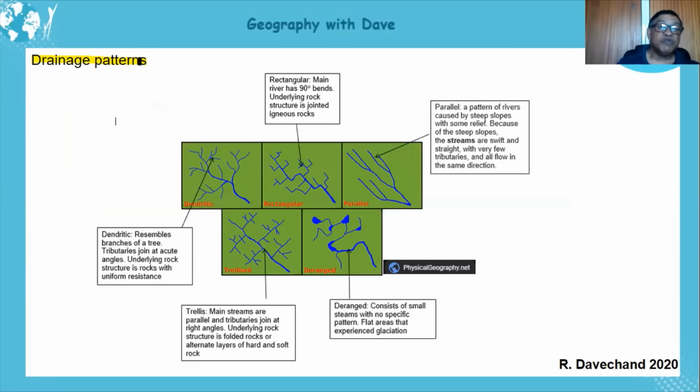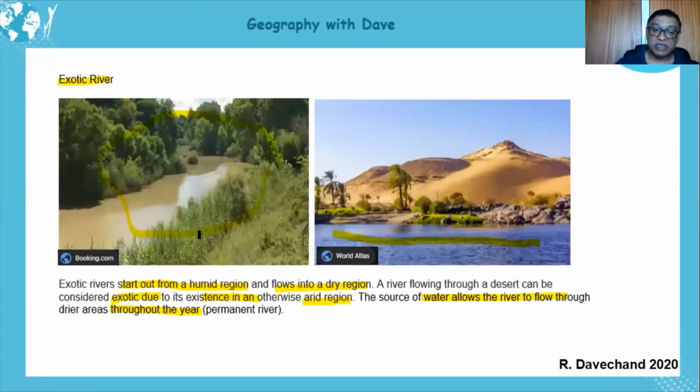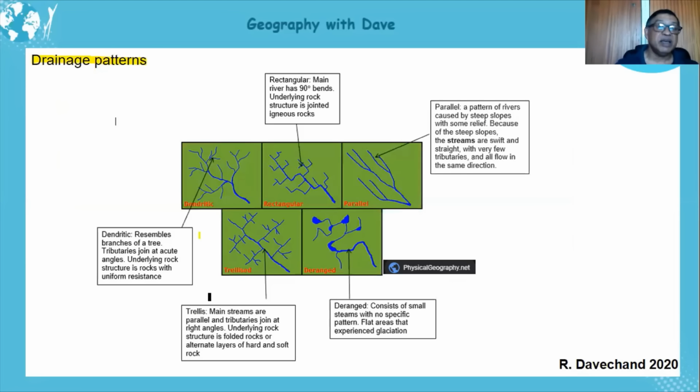We're going to start off looking at, and I skipped my slide, I apologize for that, the dendritic pattern. If you look at this, it resembles branches of a tree. Can you see it here? It's like branches of a tree. Okay, that's one of the characteristics of it. And one other thing that we can use to identify is that it joins at acute angles.